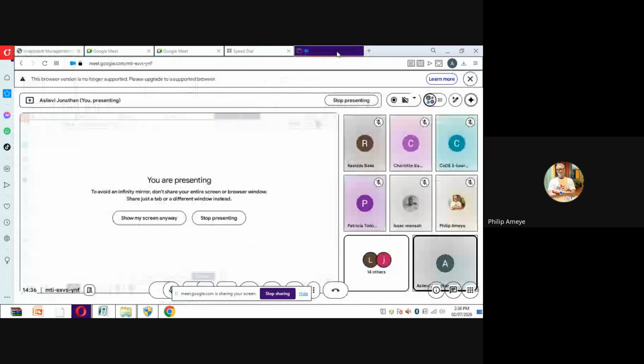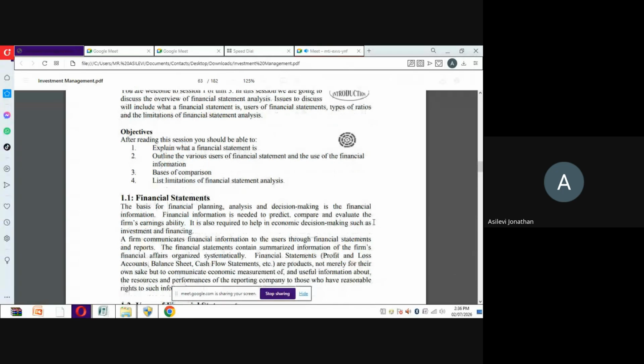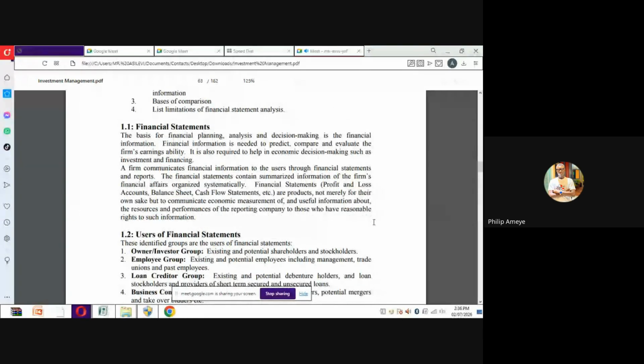Okay. Let's go. The financial statement. The basis for financial planning, analysis, and decision making is the financial information. Financial information is needed to predict, compare, and evaluate the firm's earning ability.